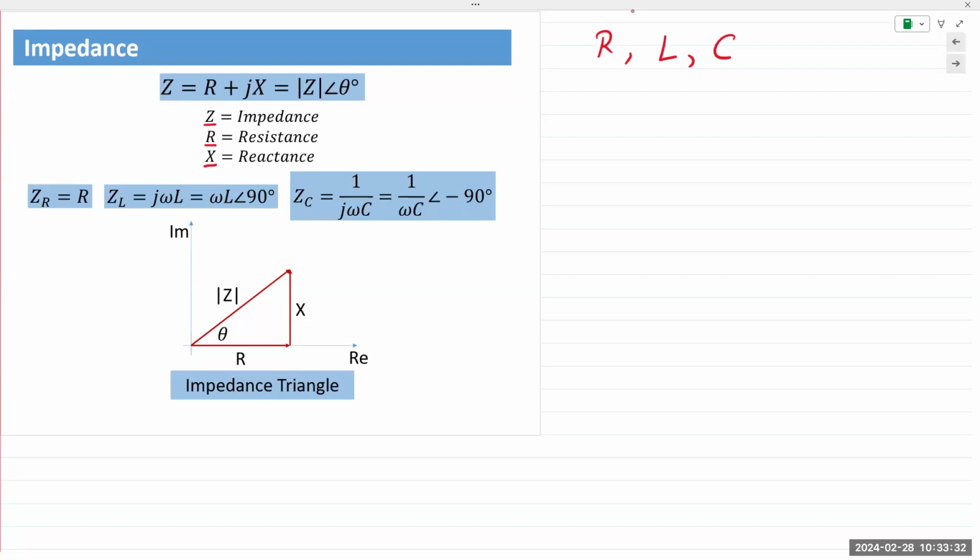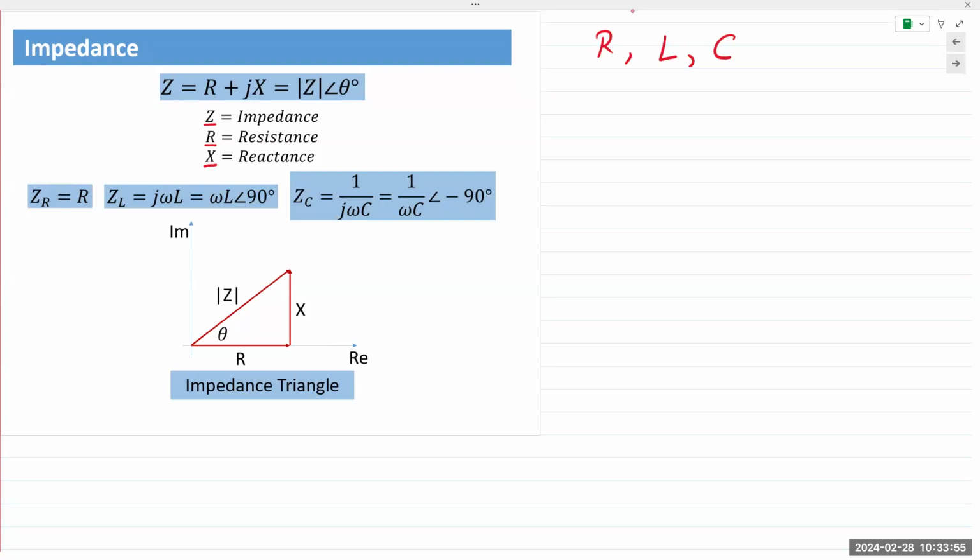For instance, we apply an input current to an inductor. That input current will cause a voltage to appear across that inductor. Ignore steady state conditions and all of that. But when you apply an input current to an inductor, it causes a voltage to appear across it. It sets up a magnetic field.